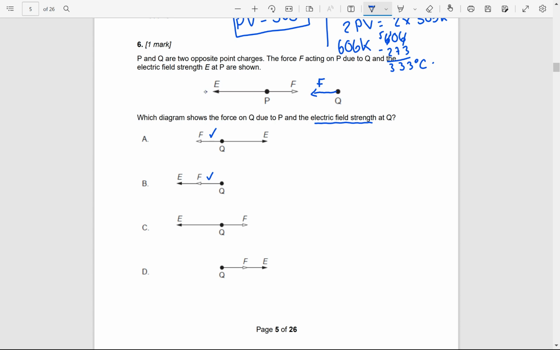Now the field strength, E, is moving in this direction. That is not going to change at all, because we haven't got any other point charges there. So for this situation, the electric field strength is constant. So it is B.